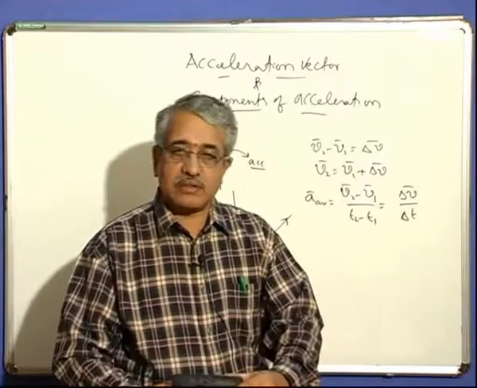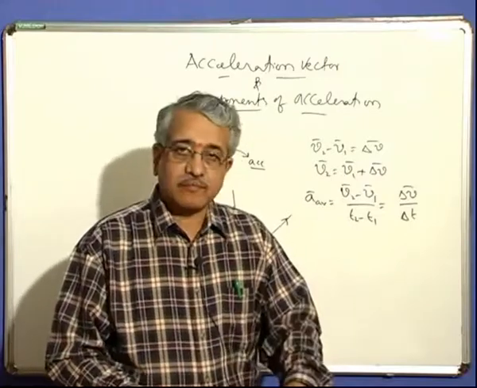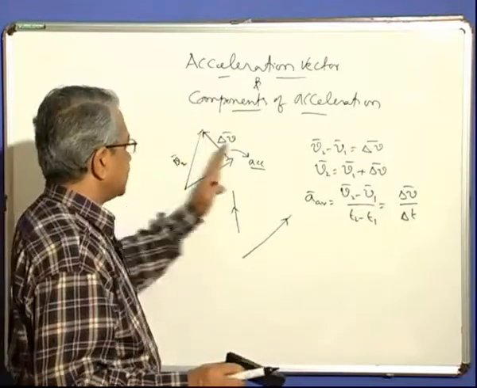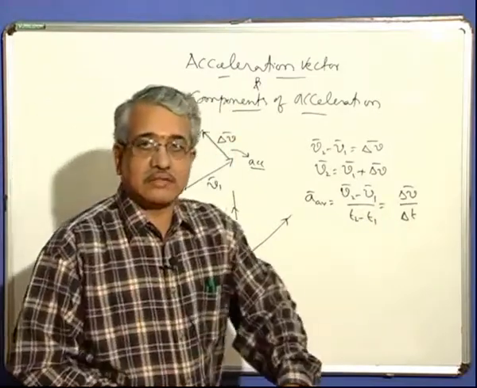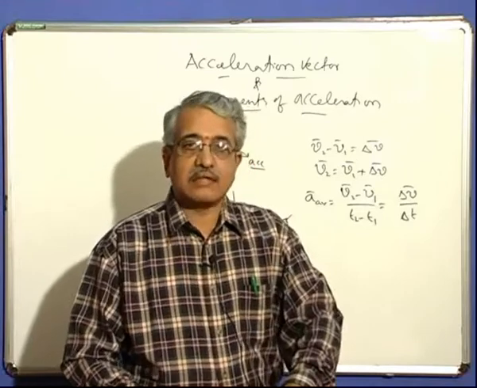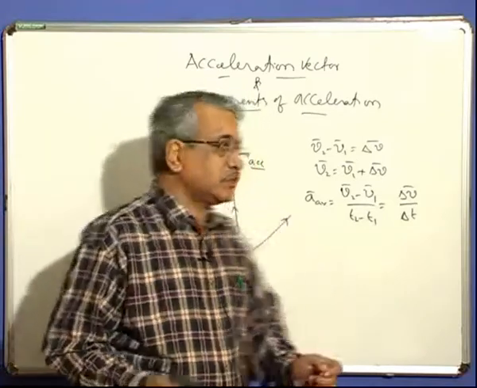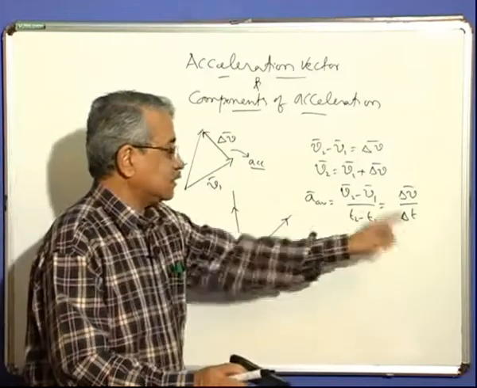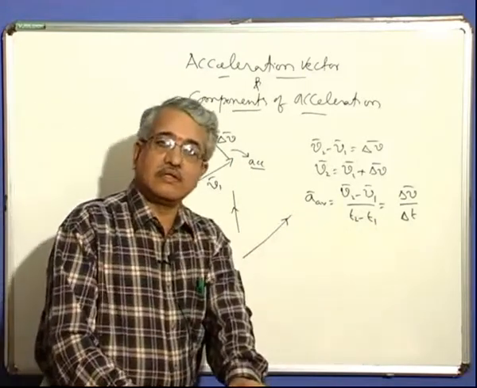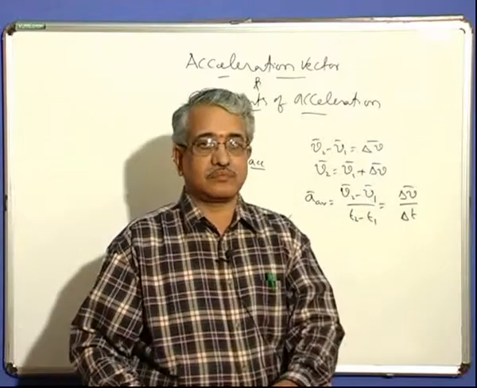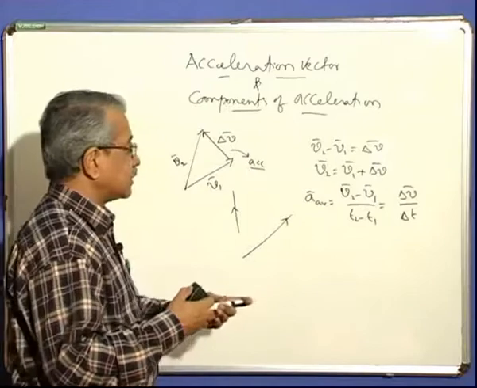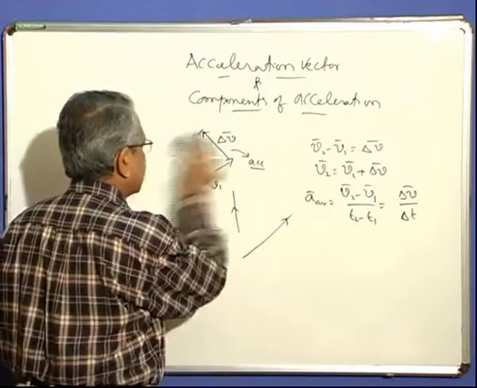Whenever your body is moving, if the velocity is changing, and you want to find what the acceleration is, put the vector diagram for initial velocity and final velocity, find out the change in velocity from the vector diagram, and that will be the direction of the acceleration. Once you know the magnitude of that vector, you can find the value of the acceleration also in magnitude. So this is the principle of understanding the acceleration vector. Let us see an example further.